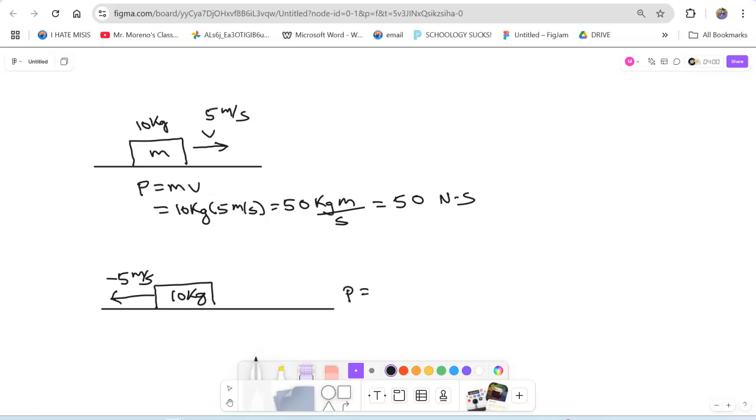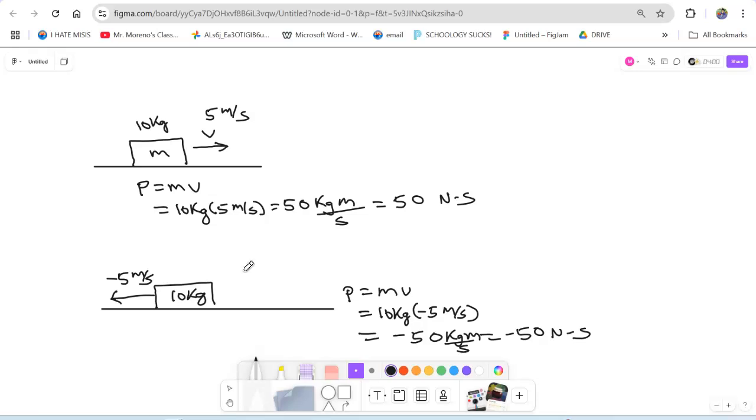Same formula, but since it's a vector, 5 goes in negative, and it's not going to be squared like energy. So the direction makes a difference. The mass is 10 kilograms, and your velocity is negative 5 meters per second. So you'll get a momentum of negative 50 kilogram meters per second, or negative 50 Newton seconds.